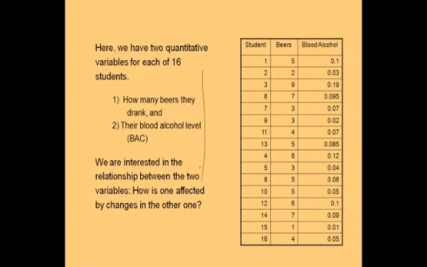So if I were to draw this, what should I put on the x-axis? Beers, okay, fine. And this is blood alcohol level. What should happen? Okay. So what should I expect? Okay, something like this? Does that make sense?